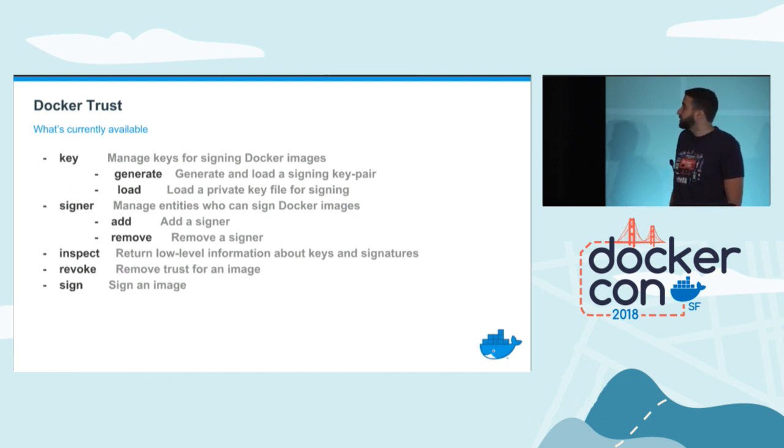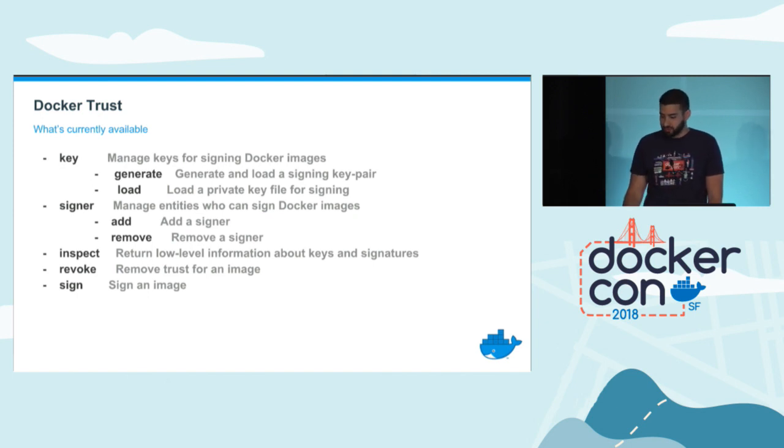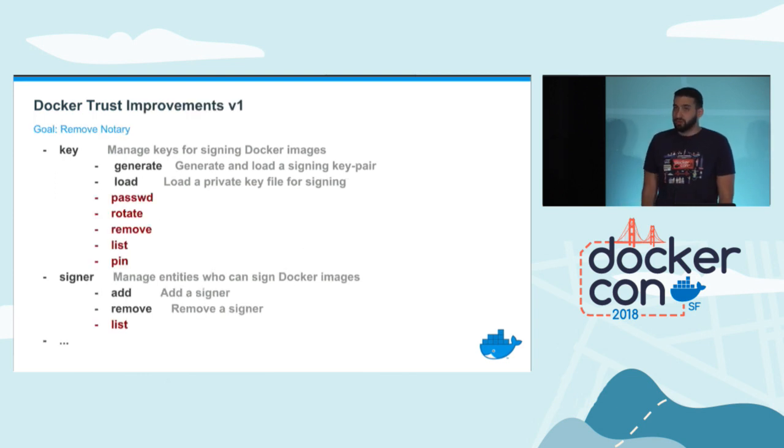What's currently available in Docker Trust? We have a few features: the ability to generate keys, load keys, add and remove signers along with these keys, and inspect the trust data, as well as revoke it when you sign images. The goal is to implement a full abstraction on top of what Notary does as of today.